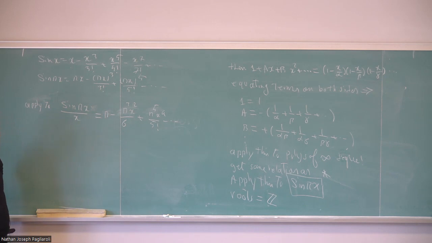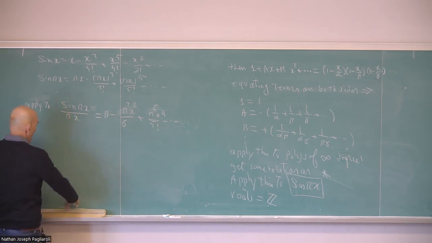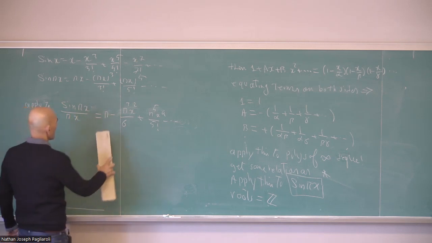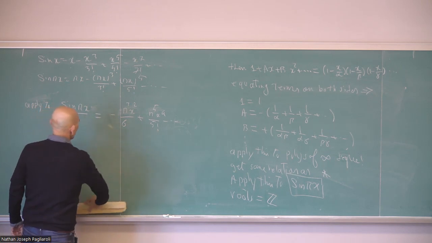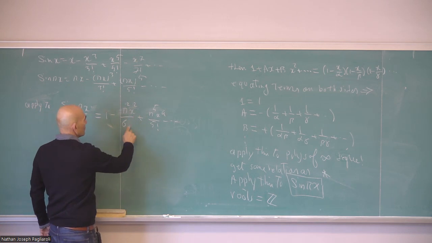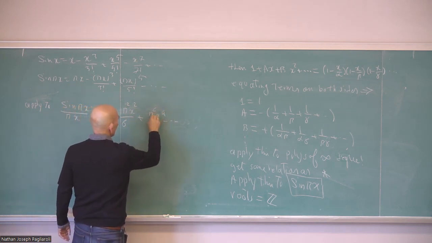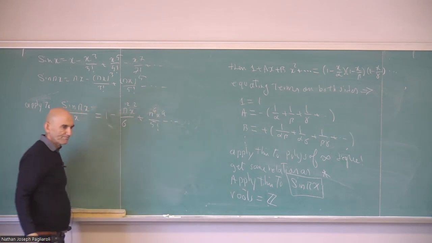That's correct. I should have divided by pi x, right? And then what you get? You get 1 minus pi^2 x^2 over 6 plus pi^4 x^4, then it comes even again, and so on.